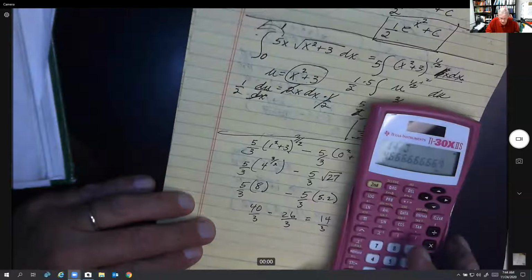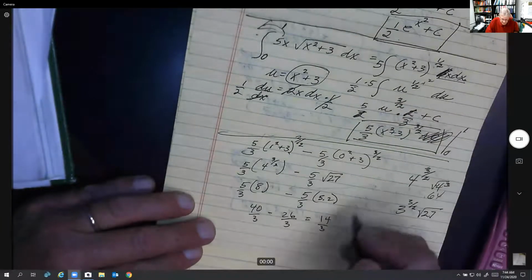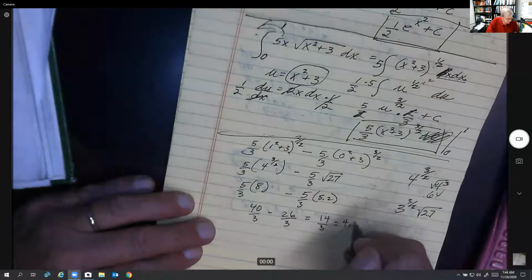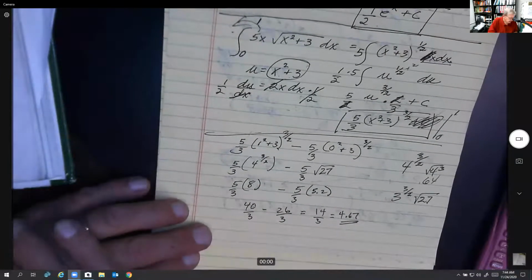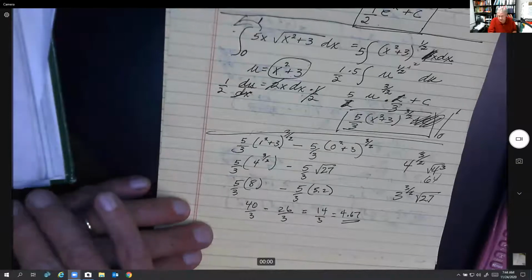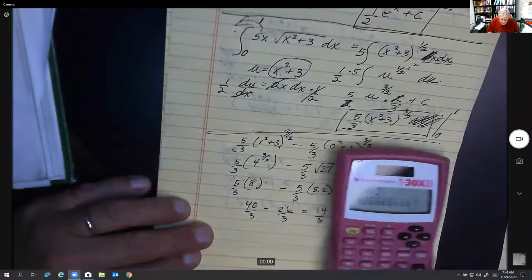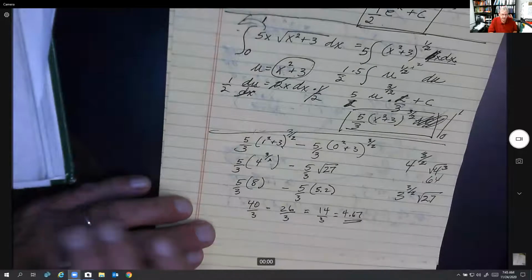I might have done this a little different from the book. 4.67 is what I come up with. And I think the book came up with 4.673, but I come up with 4.666. Okay.